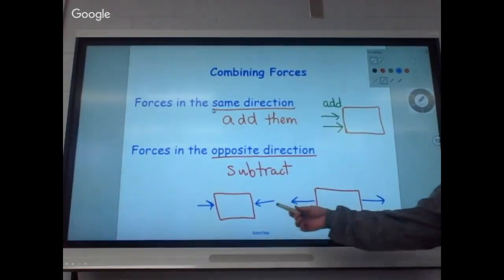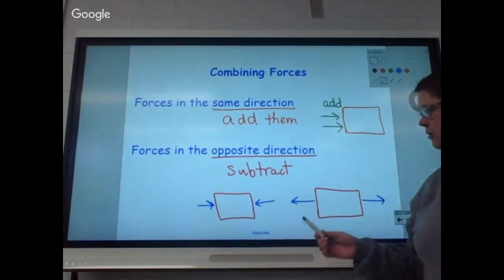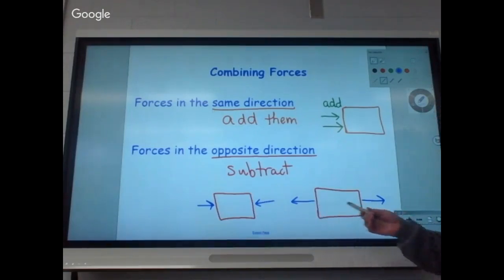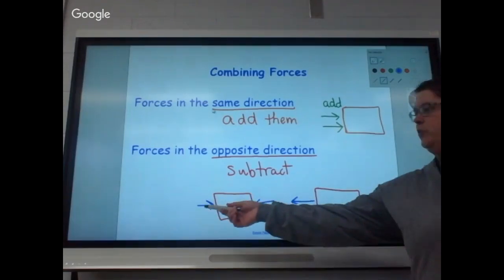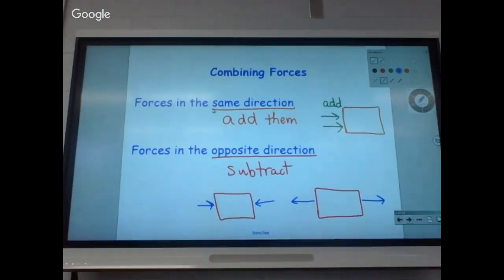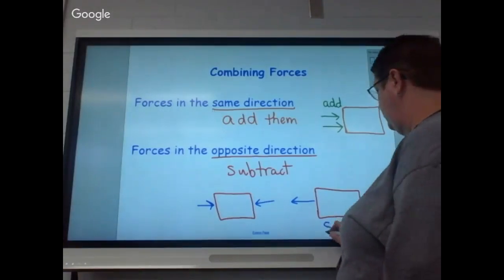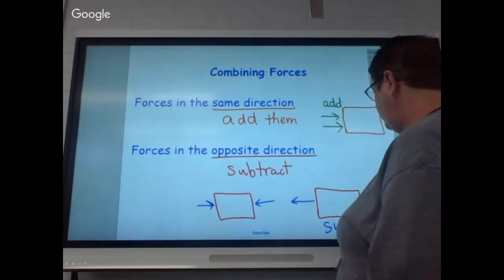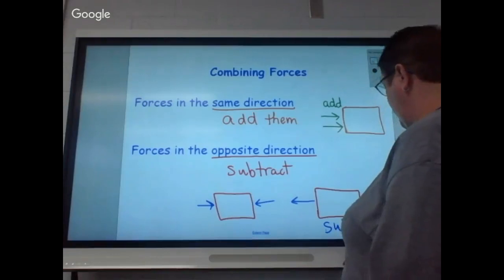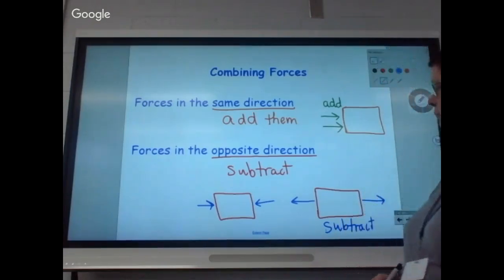See how they're pointing in opposite directions, or they're pulling out in opposite directions? It doesn't matter which way they draw the arrows. Can you see they're going in opposite directions? Okay. So anytime they're in opposite directions, you're going to subtract. Is everybody with me on that? Okay, when they're in opposite directions, you have to subtract.